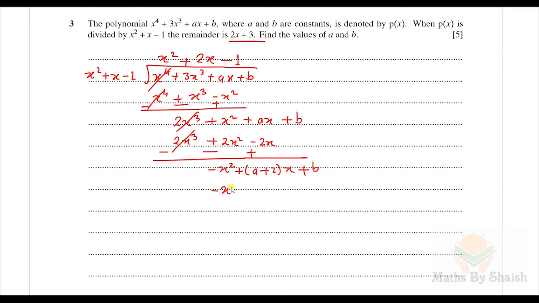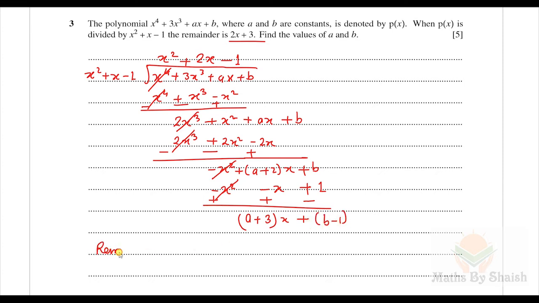So this becomes minus x square minus x plus 1. If you change the sign, these two cancel, and it is 2x plus x, so it is a plus 3 times x, and here it is b minus 1.